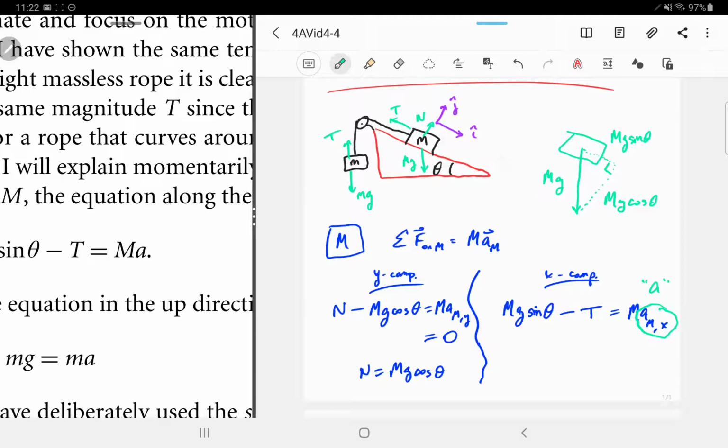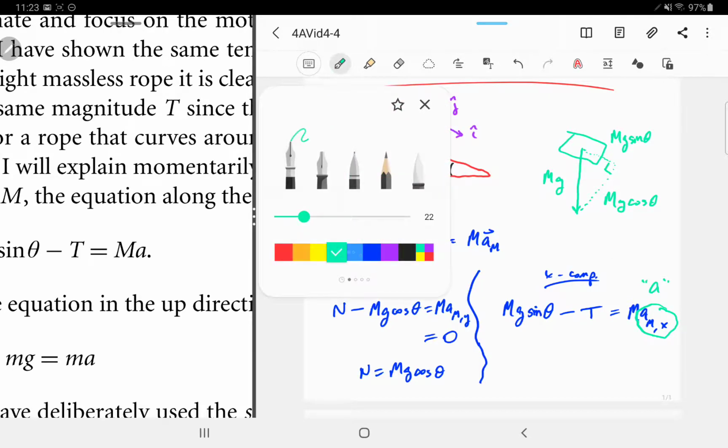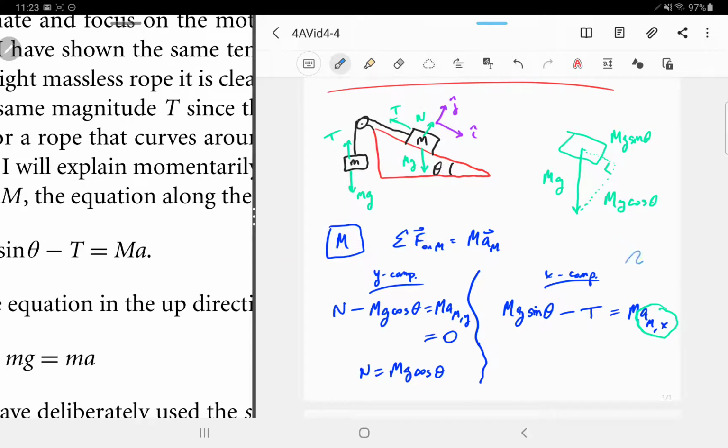And remember, A positive also means that lowercase m is going up. So at this point we're defining this to be A. So if A is positive, that thing's going down.